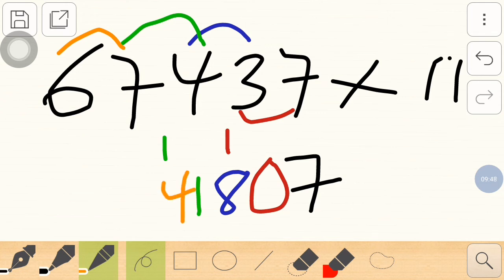So 4 carry 1. And since there is no other number to pair the 6 with, we're going to drop the 6. But don't forget that we've got a carry 1. So 6 plus 1 now gives us 7. Giving us our final answer to be 741807.